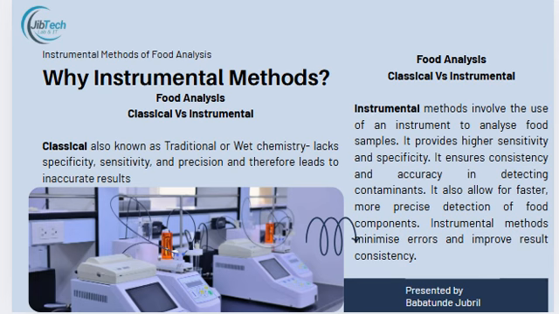All you need are your glasswares, your reagents, your volumetric flasks, and all of that, and then you can carry out your classical method or your chemical method of analysis. So classical methods are cheaper.